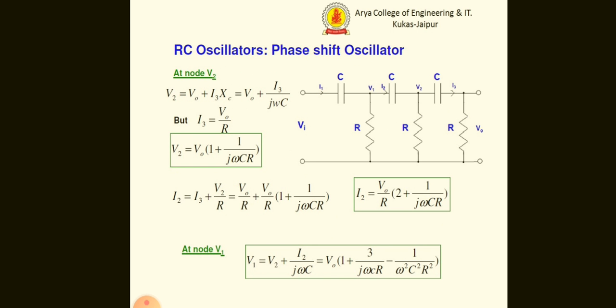This slide gives us more insight into the RC phase shift oscillator, in which we have labeled the various nodes and applied KVL to these nodes. At node 1 and node 2, we have the value V1 at node 1, and at node 2, we have the voltage drop V2 and the current I2.